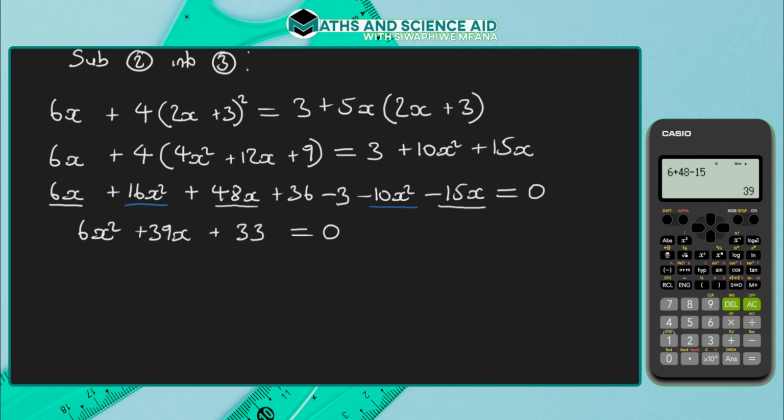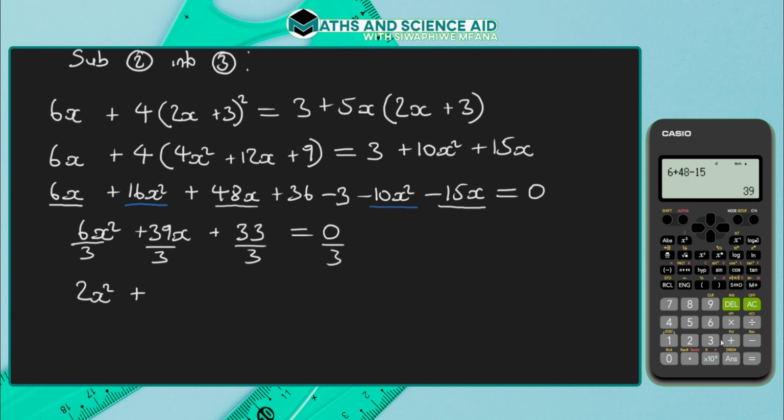And if you examine this carefully, you will actually notice that you can simplify this furthermore if you divide by 3 throughout this expression, because 3 is a common factor to all of these terms. And so if you do that, you are now going to have 2x squared plus 39 over 3.